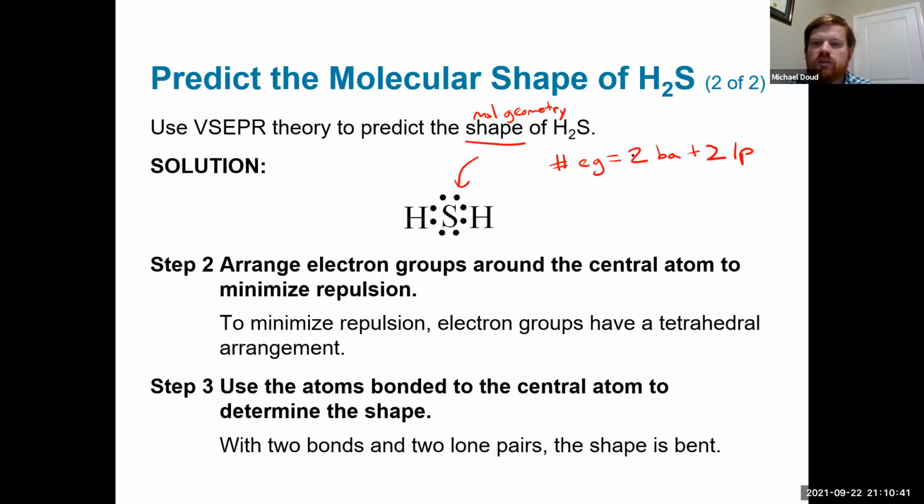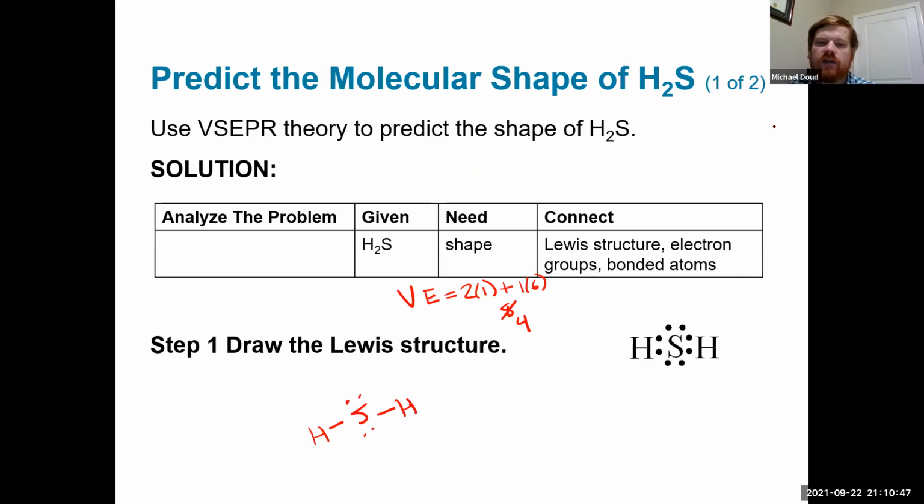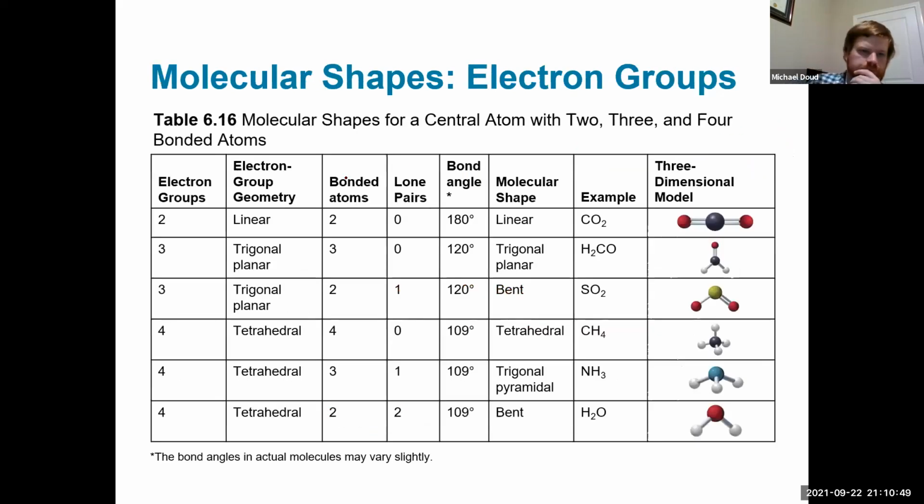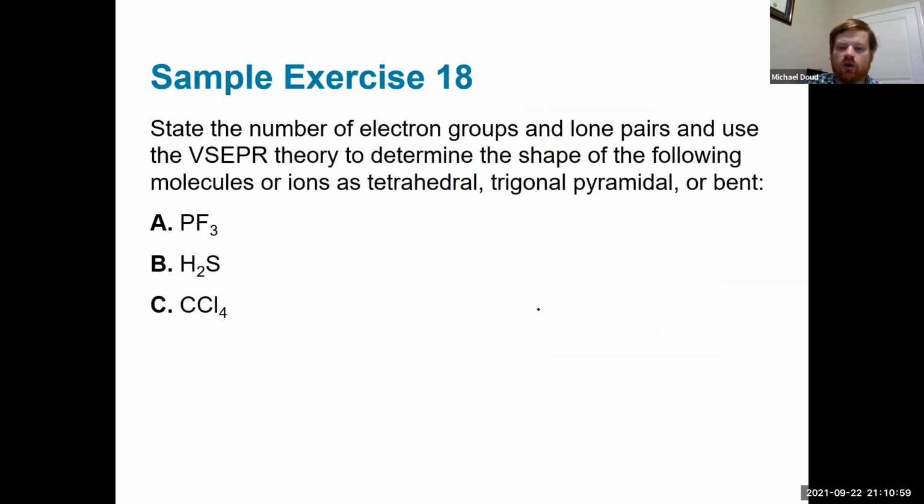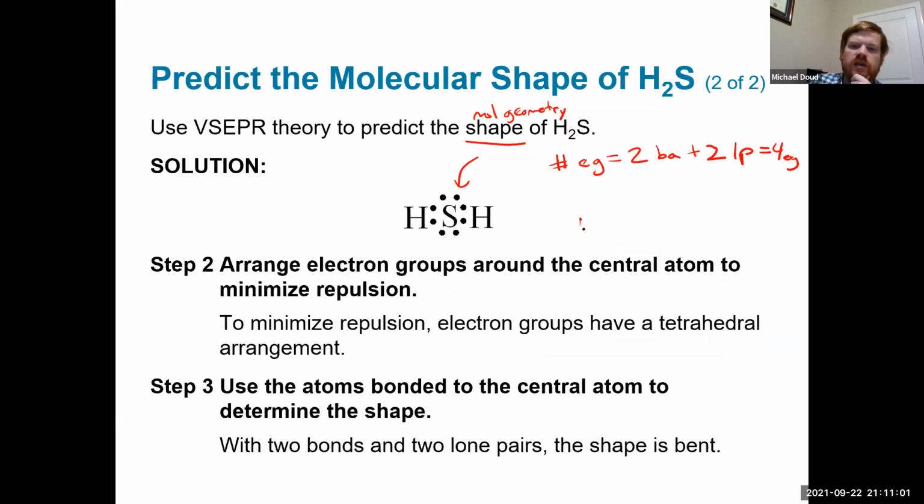Okay, so if we have 2 bonded atoms and 2 lone pairs, that means we have 4 total electron groups, which means that we have a tetrahedral electronic structure. So that brings us here. 2 bonded atoms, 2 lone pairs. That gives us a shape of bent 109. So our actual shape here is going to be bent 109. Cool, and that's all you have to do.